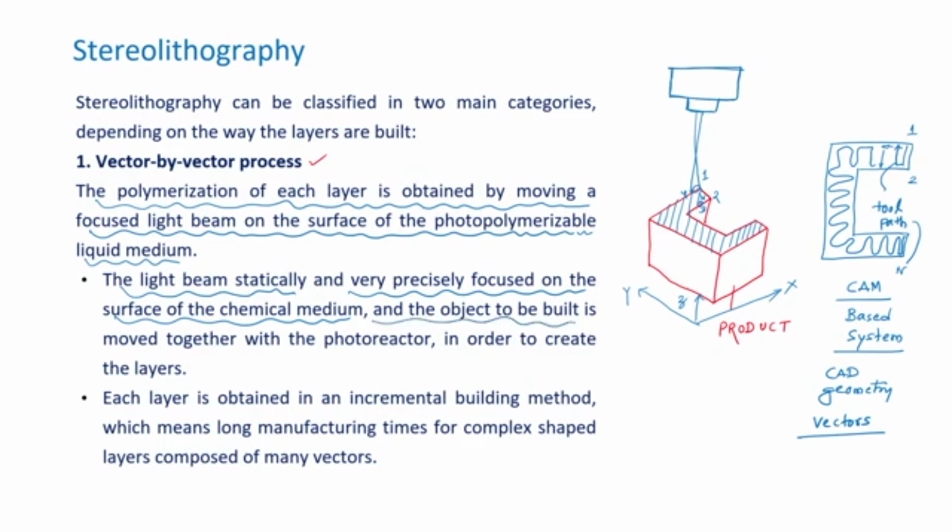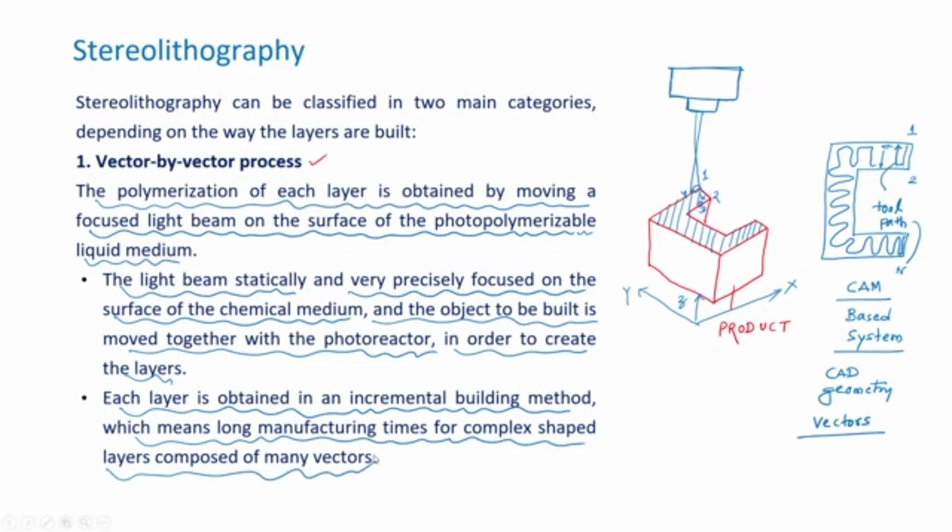The object to be built is moved together with the photoreactor in order to create the layers. Each layer is obtained in an incremental building method, which means long manufacturing times for complex shaped layers composed of many vectors. This is a very simple geometry that we have seen.